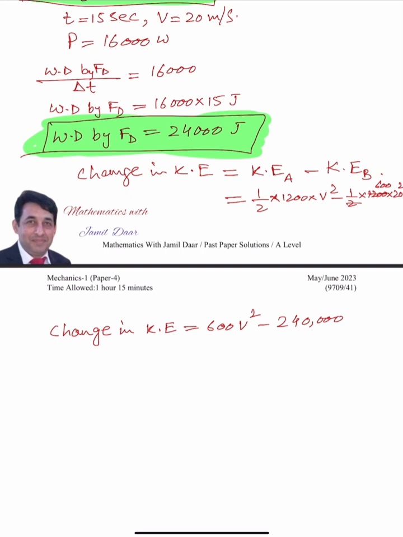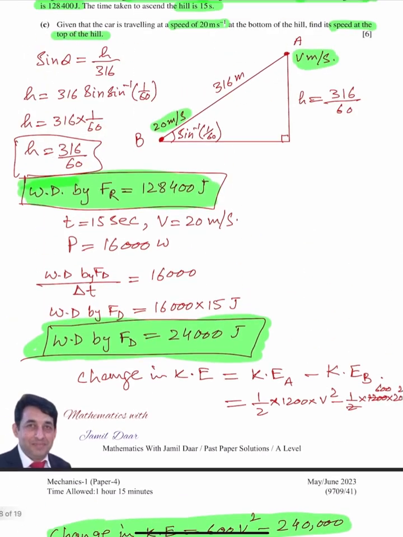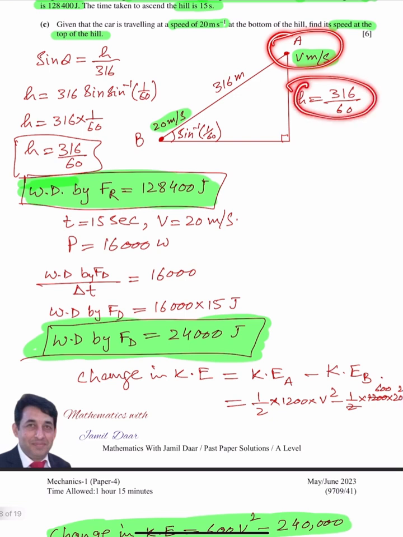Now we have to find out change in potential energy. So that is potential energy at point A minus potential energy at point B. At point A, this is mgh, h is this one.